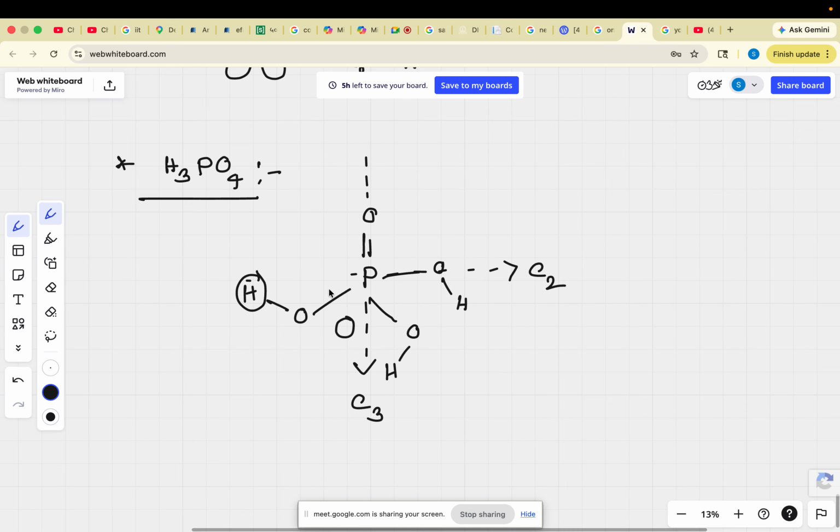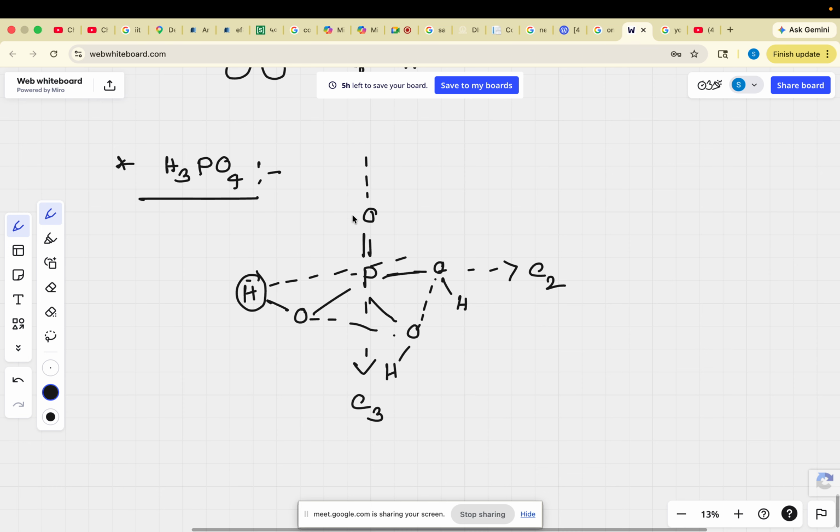And here, if you take the trigonal plane like this, suppose you are thinking that I will pass through the plane of the molecule. So this is basically your molecular plane. But see, above the plane you have the double bond O, and below the plane you have nothing, right?